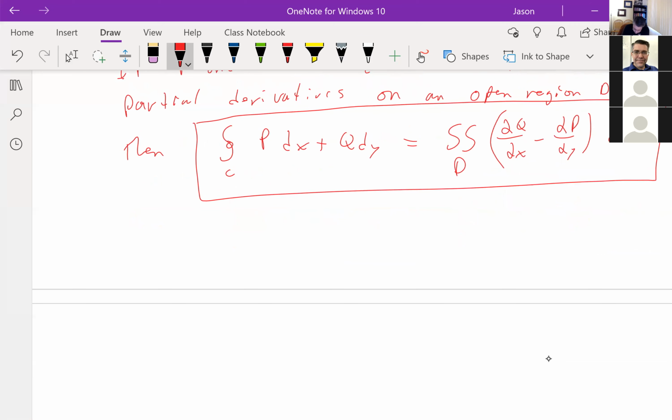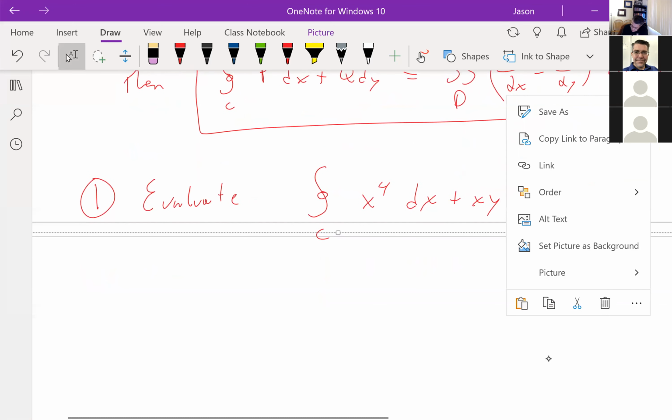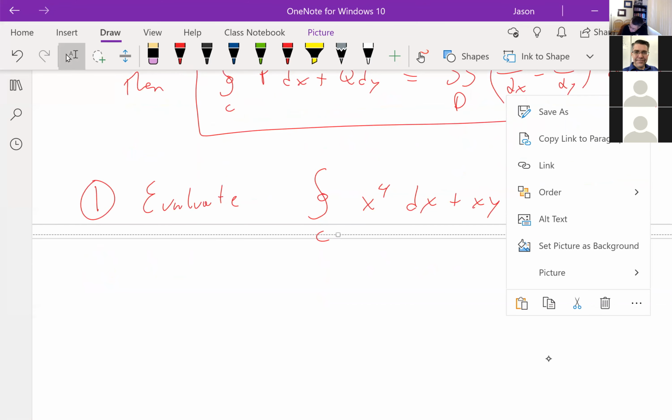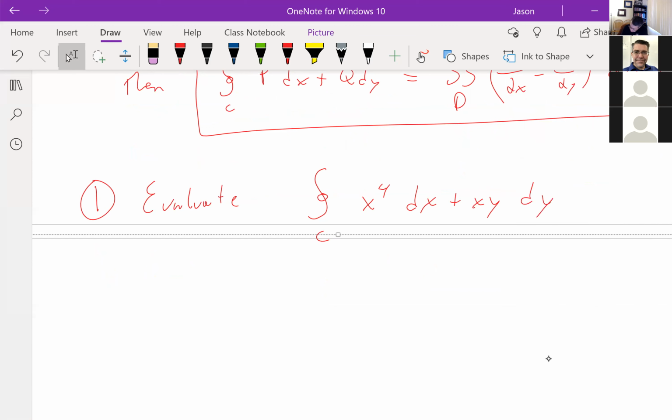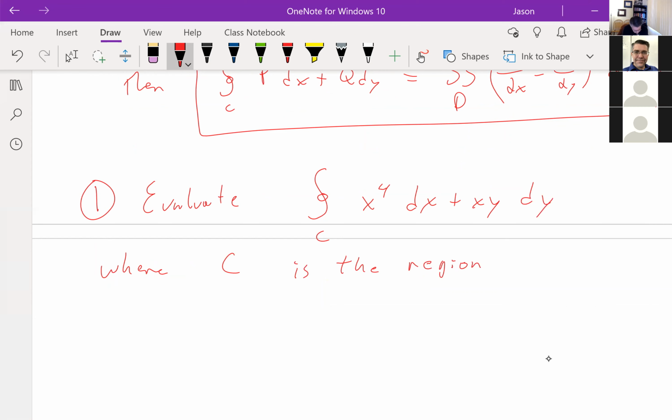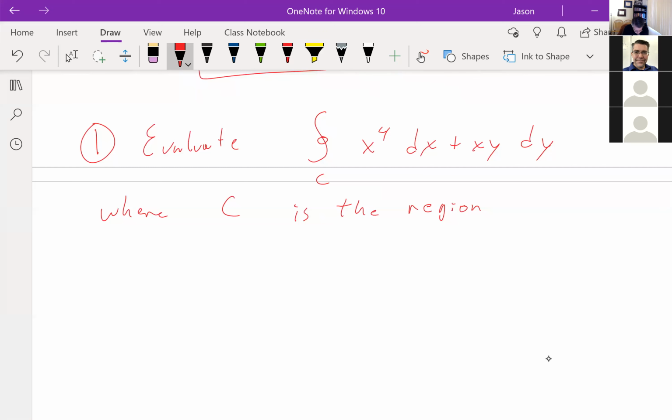Okay, so let's look at number 1 here. Evaluate the positively oriented line integral of x to the 4th dx plus xy dy, where C is the region of these points.